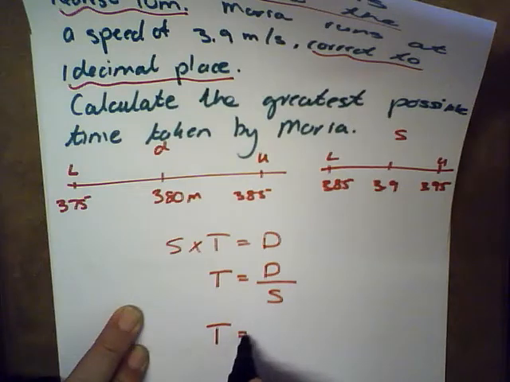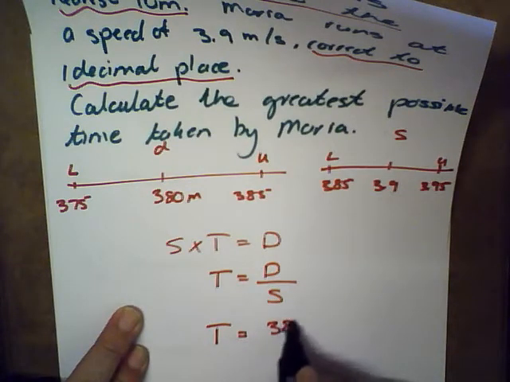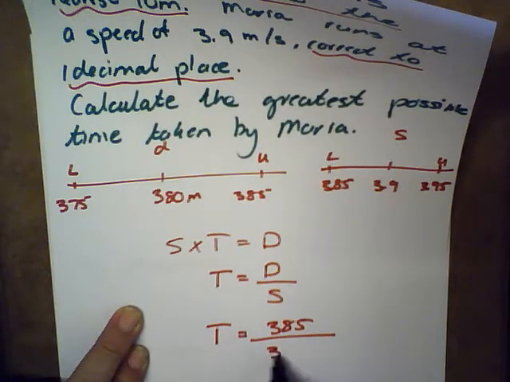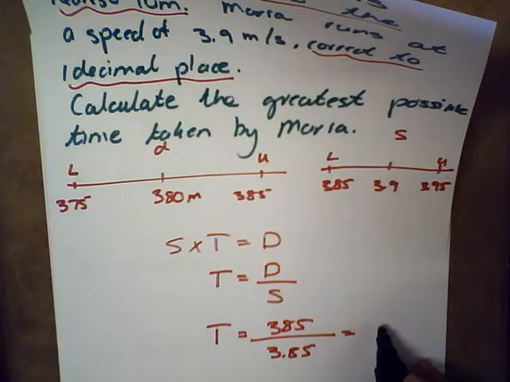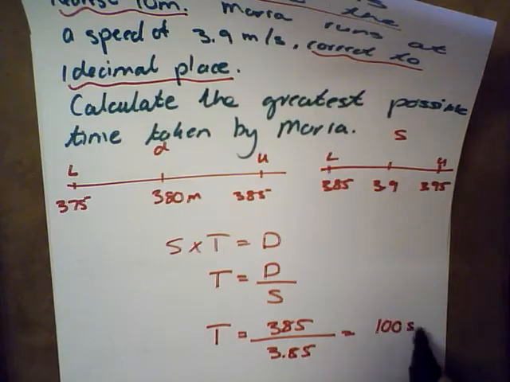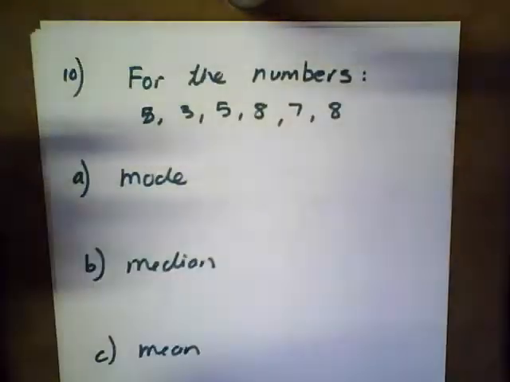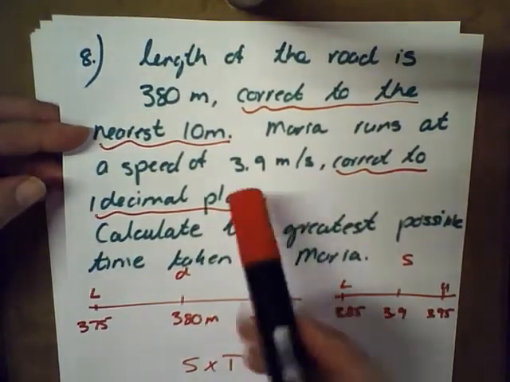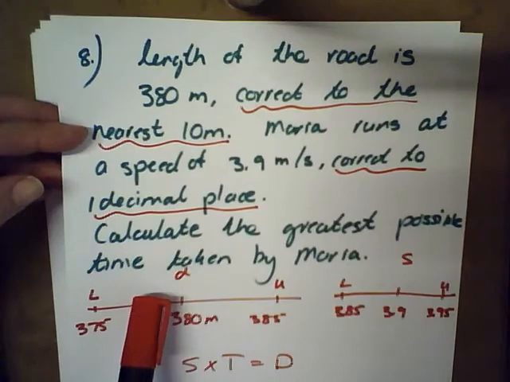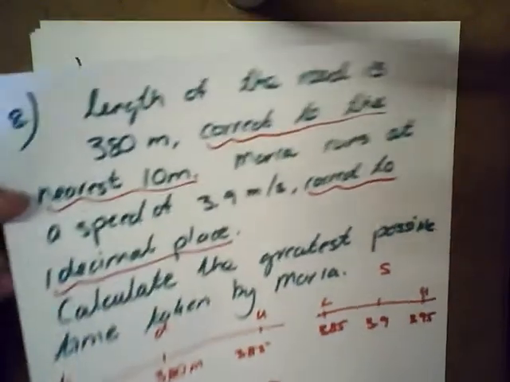So time would be 385 divided by 3.85, and that should give us 100 seconds. Okay, so first of all, before we do any calculations, you have to find the upper bound and the lower bound of it, and then do the calculation.